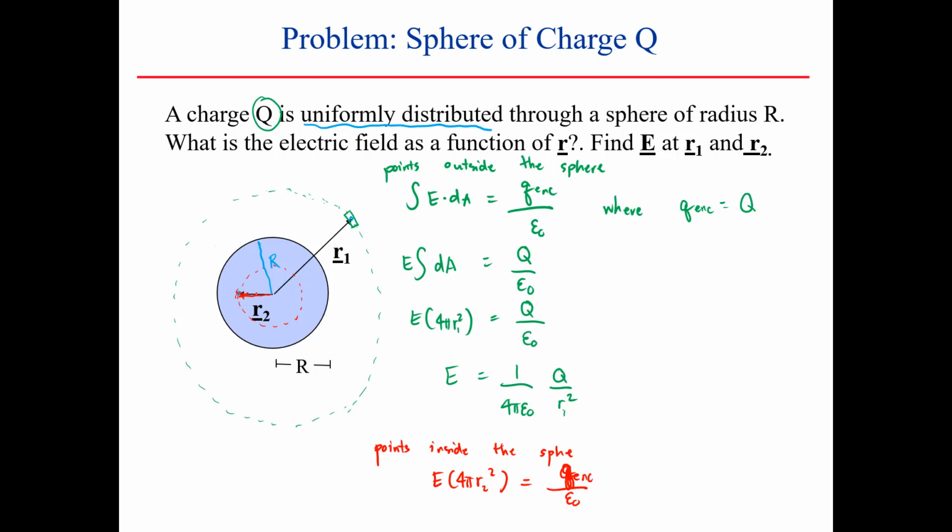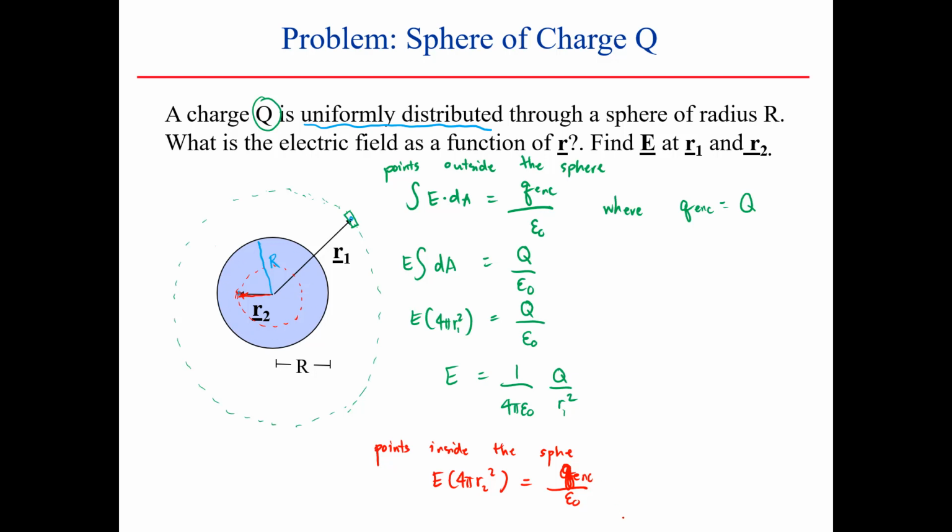Okay, so this is your Gaussian surface, class. Take note that the enclosed charge should be only a fraction of the total charge Q, right? Because not all of the charge is enclosed.